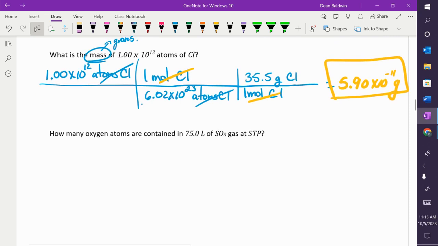Okay, last one. Here we go. How many oxygen atoms are in 75 liters of SO3 gas? Oxygen atoms. So 75.0 liters of SO3.